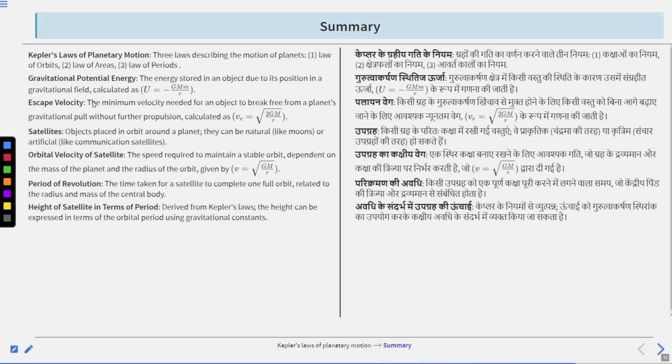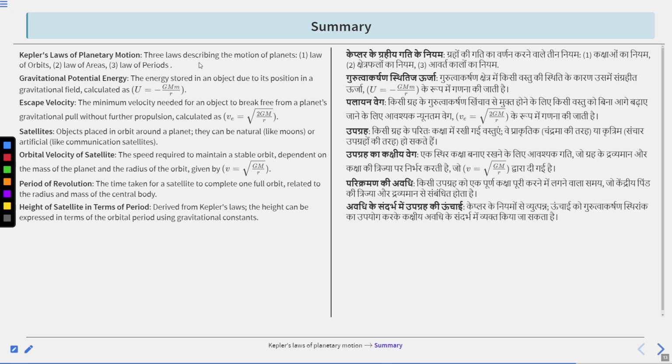Next is summary. In today's lecture we learned, first, Kepler's laws of planetary motion: three laws describing the motion of planets, law of orbits, law of areas, and law of periods. Second, gravitational potential energy, the energy stored in an object due to its position in a gravitational field, calculated as U equal to minus GMm divided by r.